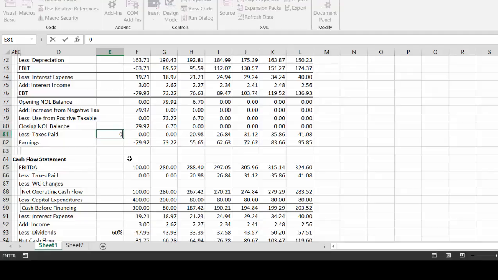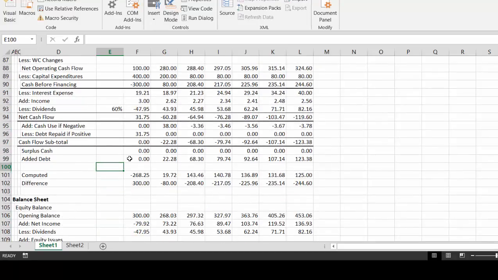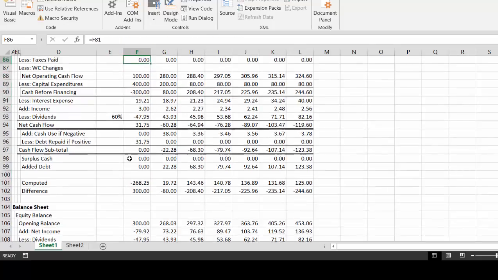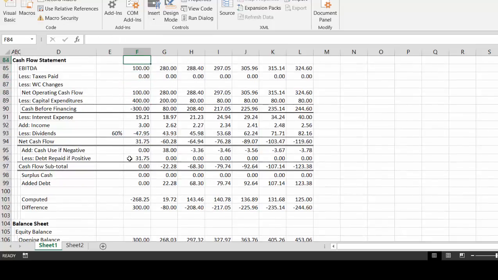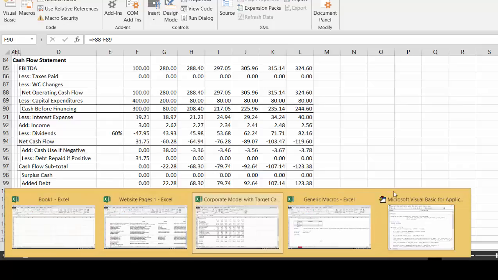Okay, and I'm gonna have to look at a whole lot more. Net cash flow. EBIT minus capex. Let's make sure we really subtracted the capex.